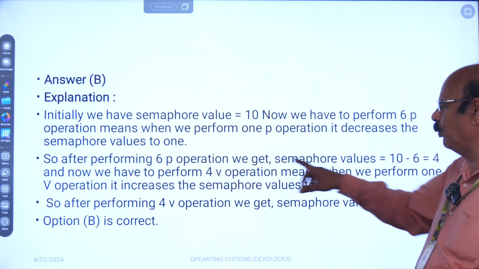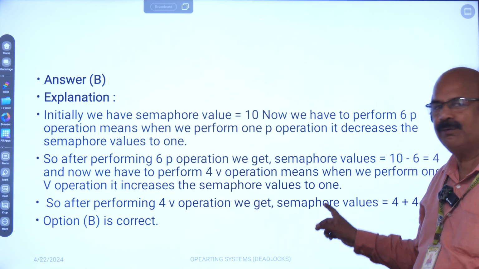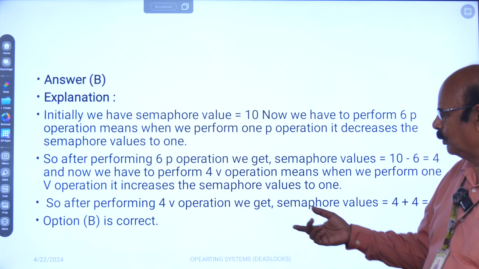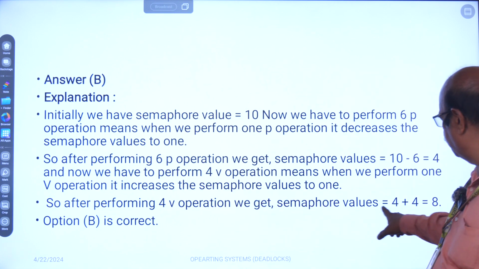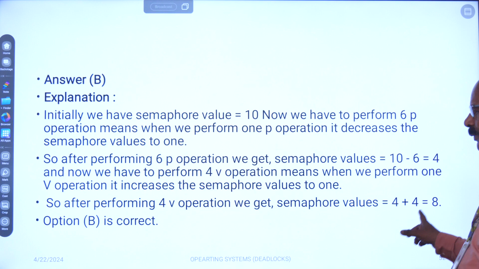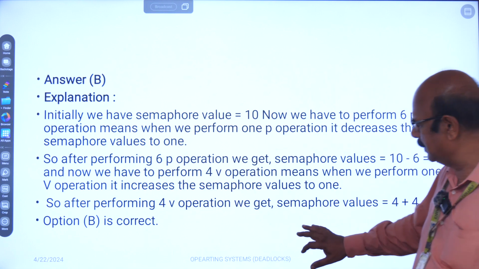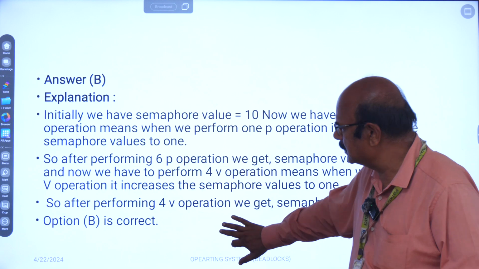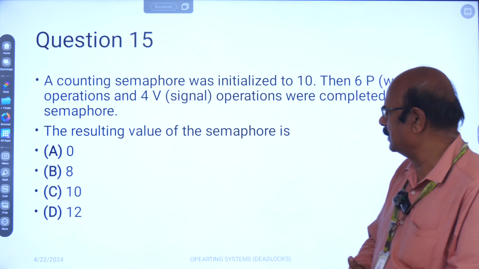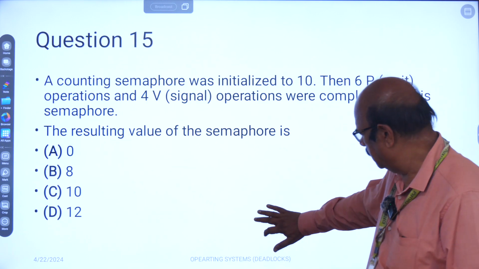When we perform 1 V operation, it increases the semaphore value by 1. So after performing the 4 V operations, the semaphore value is 4 plus 4, which is 8. So option B is correct. The resulting value of the semaphore will be 8.